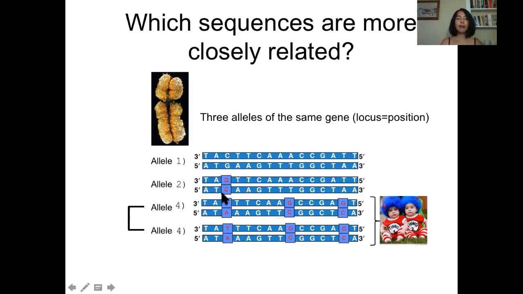Now we have these other variants, these other alleles. How closely related are they to these other 2? Hopefully you start to see that this is like building a puzzle of what is more closely related to each other.